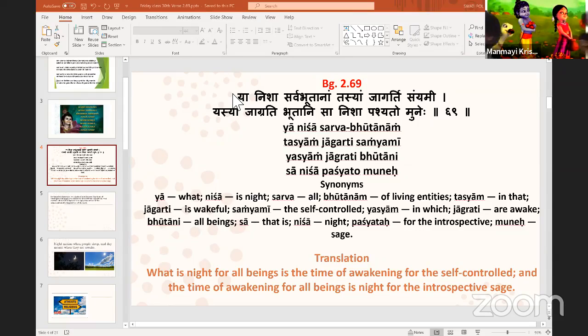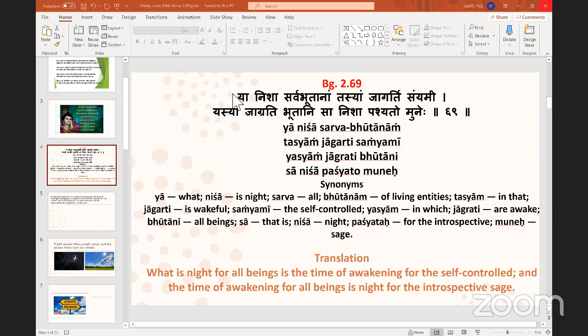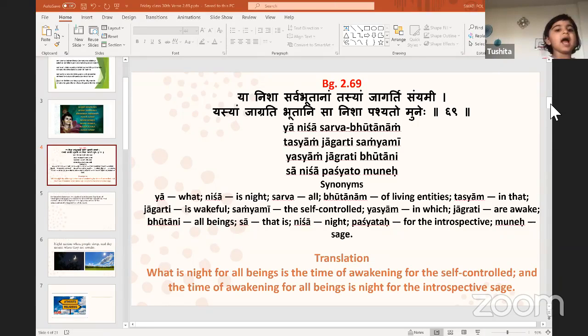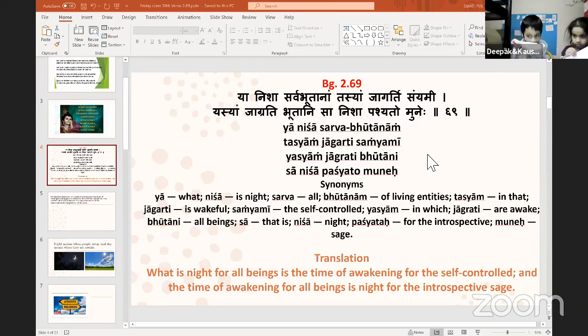Yanisha sarva bhutanam, tasyam jagrati samyami, yasyam jagrati bhutani, sanisha, pashyato munehe.